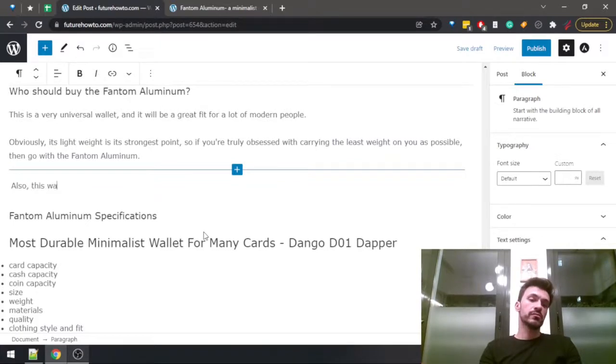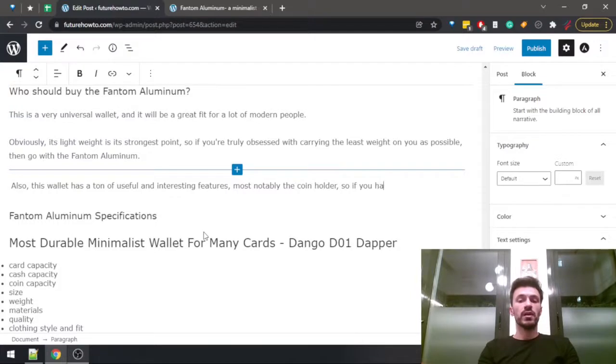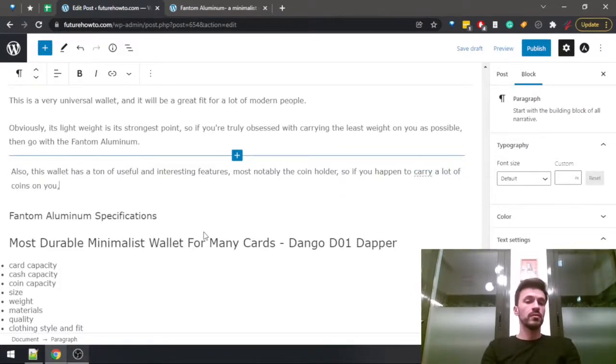Also, this wallet has a ton of useful and interesting features, most notably the coin holder. So if you happen to carry a lot of coins on you, this will be a good choice.